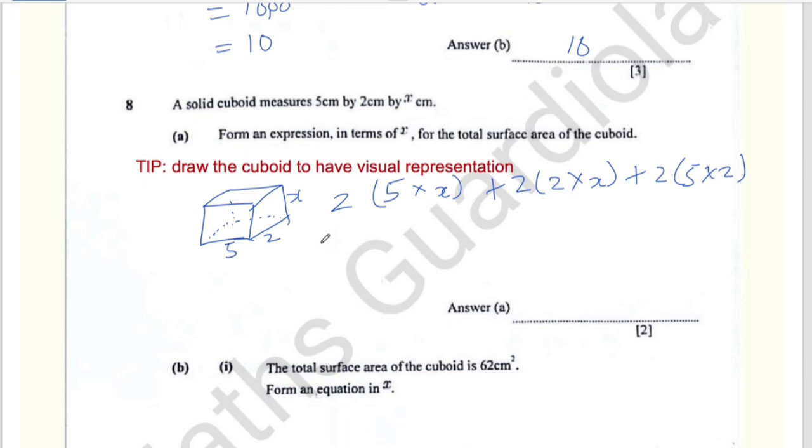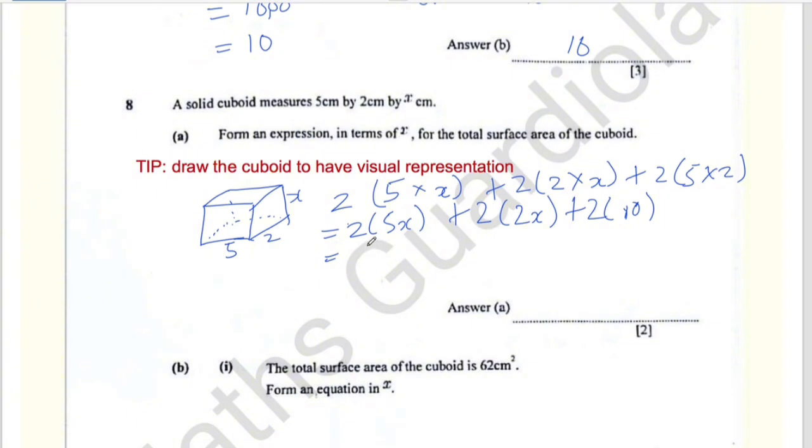That's very simple, right? Now, let's quickly do this. 5 times x is 5x multiplied by 2 gives us 10x. Then 2 multiplied by x gives us 2x multiplied by 2, which gives us 4x. And then 5 multiplied by 2, which is the bottom and top, giving us 10.